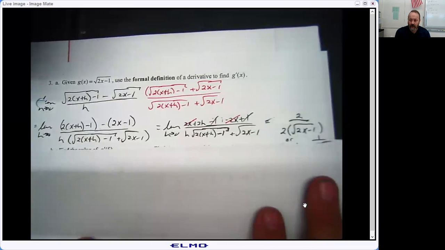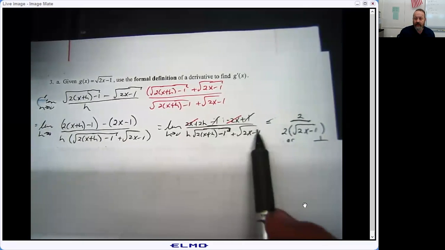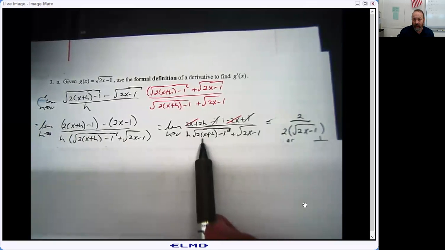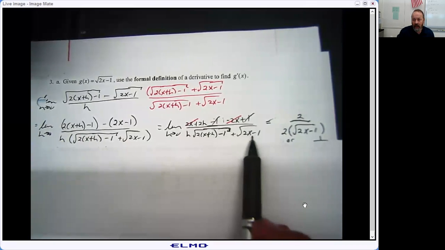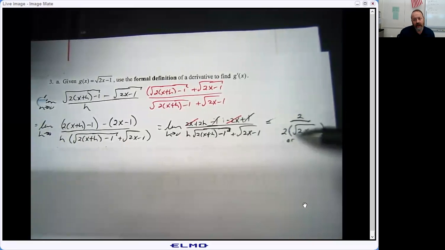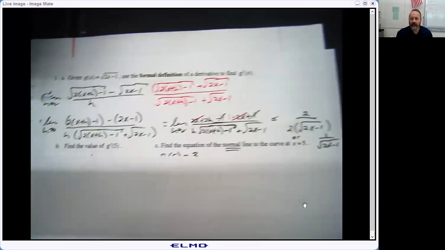So the entire numerator just was 2, which is hardly anything. But in the denominator, I've got this root and this root are basically the same thing. If h goes to 0, I've got 2x minus 1 and another 2x minus 1, so I have 2 of them. And that's why I saw those two 2's and I went ahead and canceled them.